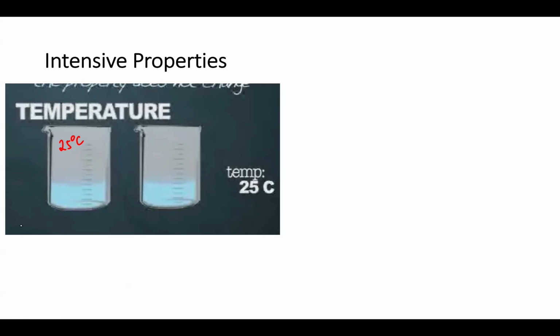Imagine that. Can you visualize that? Does the temperature change?